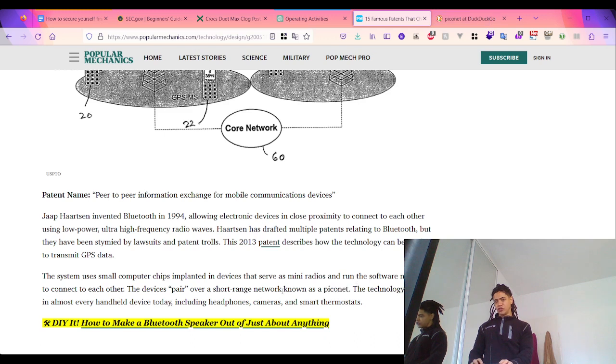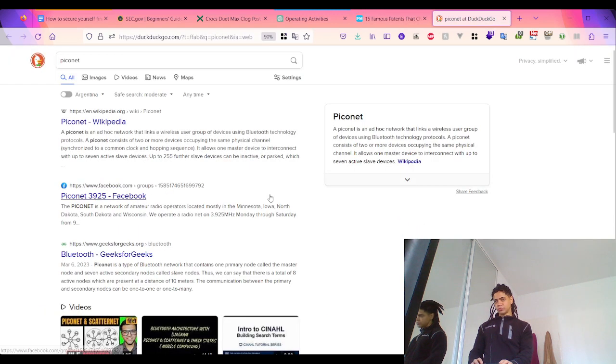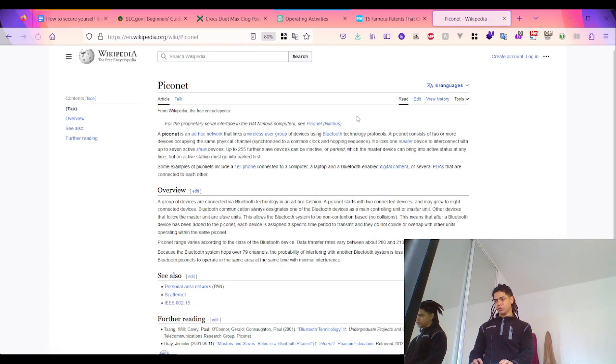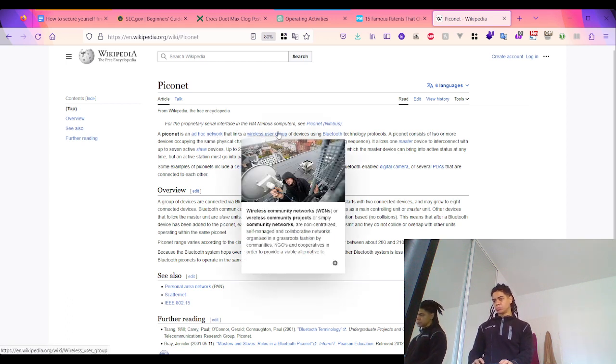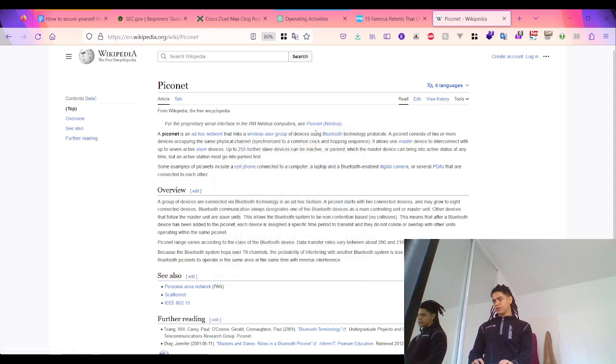The technology is used in almost every handheld device today, including headphones, cameras, and smart thermostats. A Piconet is an ad hoc network that links a wireless user group of devices using Bluetooth technology protocols.